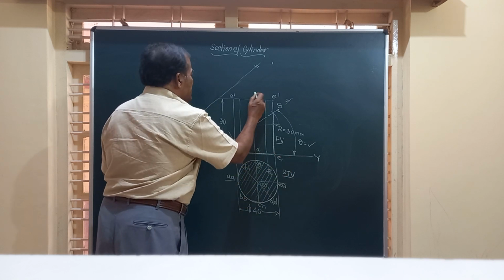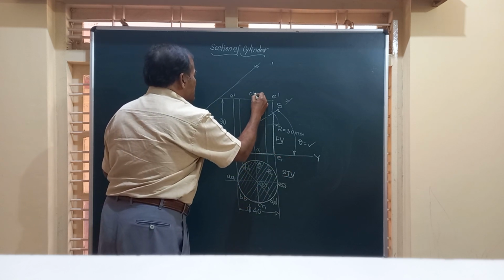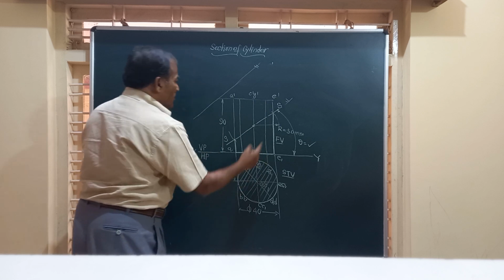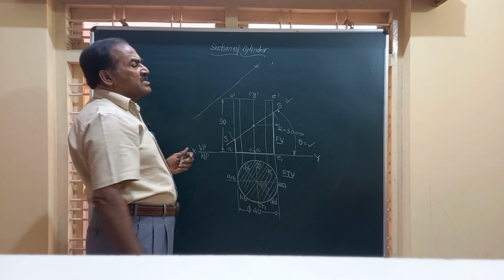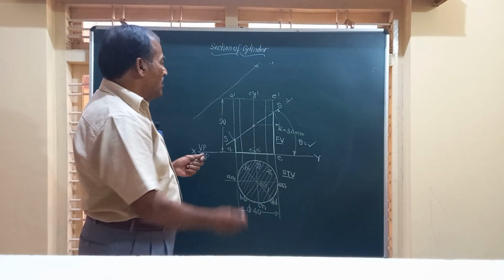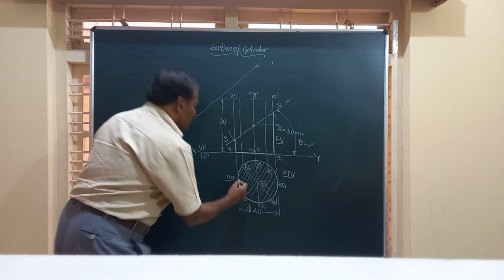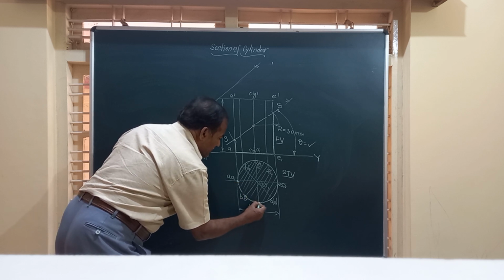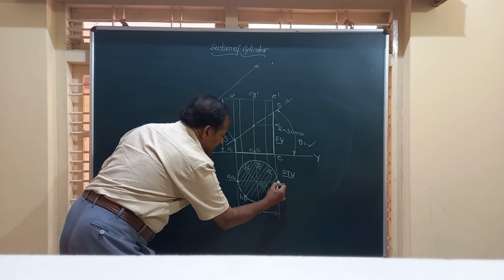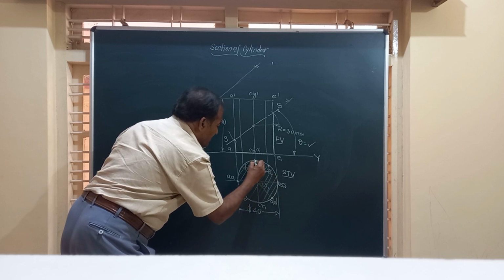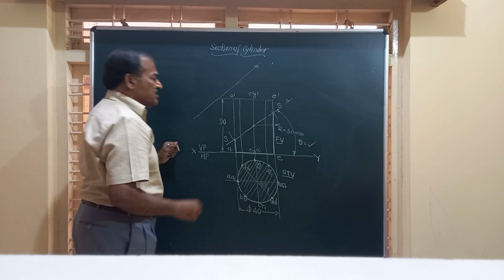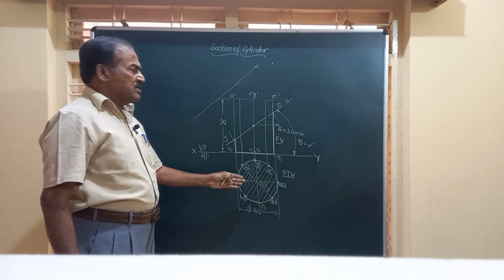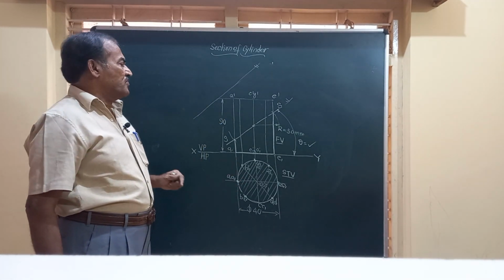Center is C and G. C dash, G dash, C1 dash, G1 dash. All the 8 generators of the cylinder are cut by this section plane. So you will have a point on AA, BB, CC, DD, EE, FF, GG and HH. These are all the points on the generators in the top view.